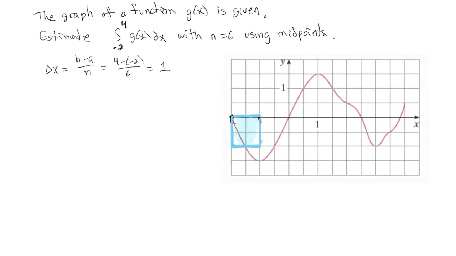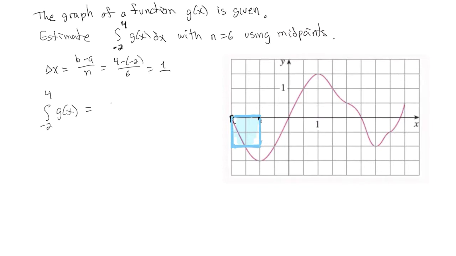So I'm going to go ahead and write this out one step at a time. So first of all, I have my delta x that I'm going to factor out. So I'm using my Riemann sum. So let me actually step back one more time, and I'm going to say the integral from minus 2 to 4 of g of x dx.